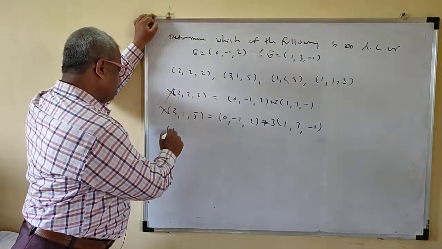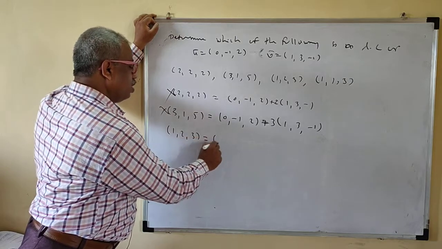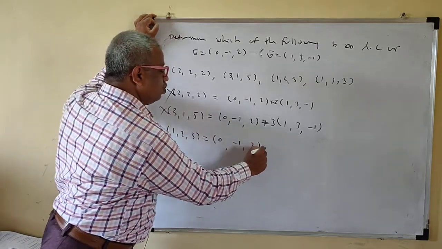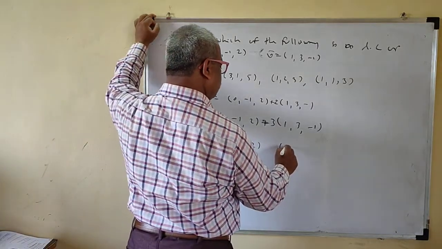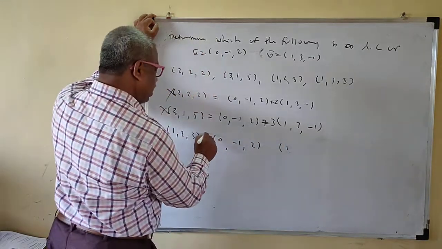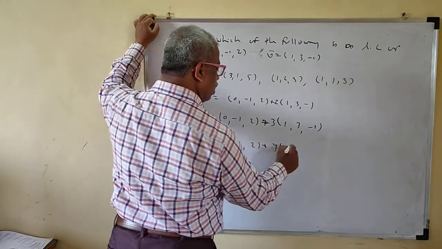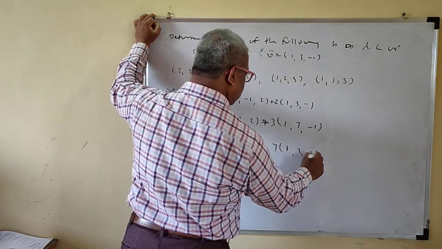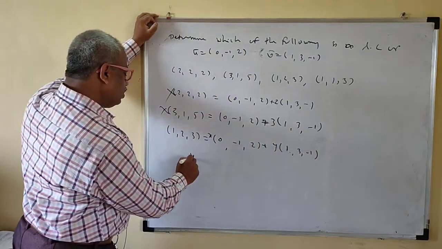Okay, so (1, 2, 3) we will take. Okay, so 0, -1, 2, and I will take x here and y here also, for (1, 3, -1). So what do you want then? The sum is y, so y is equal to 1.